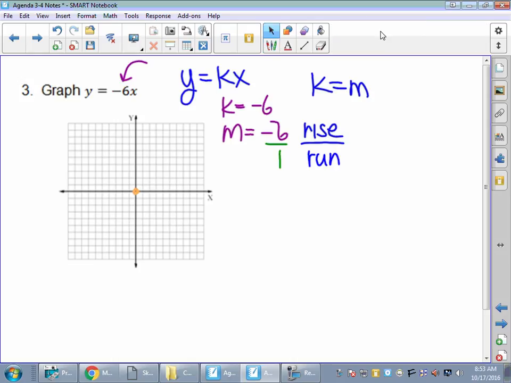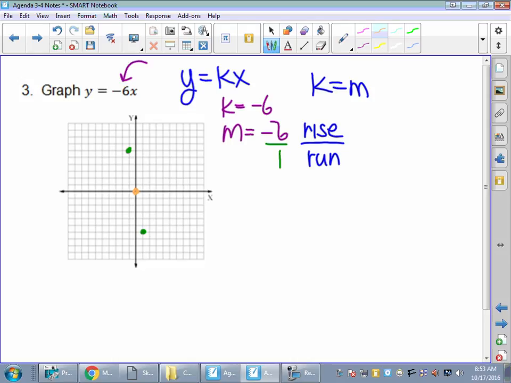So I'm going to start with this point at (0, 0) that I just put on the graph, and my rise over run says I'm going to rise a negative 6. If I'm rising a negative value, am I going up or down? So down 6, and then right 1. If it's negative on the bottom, you would go left, but you only do the 1 negative. If I run out of room going down 6 and right 1, I could always go up 6 and left 1.